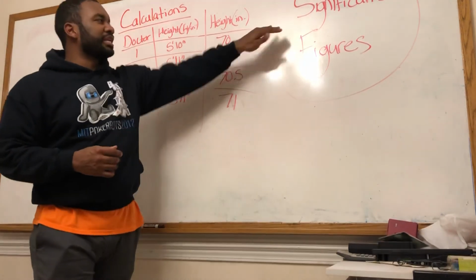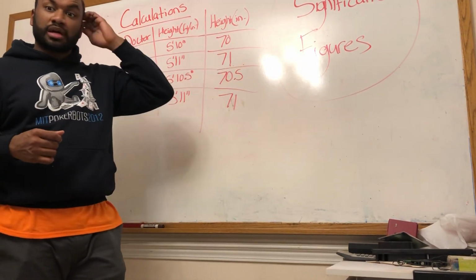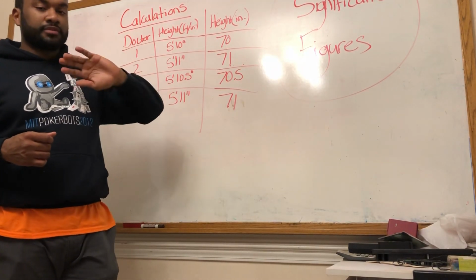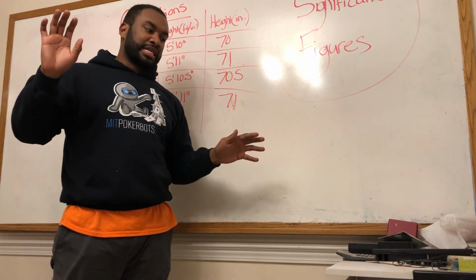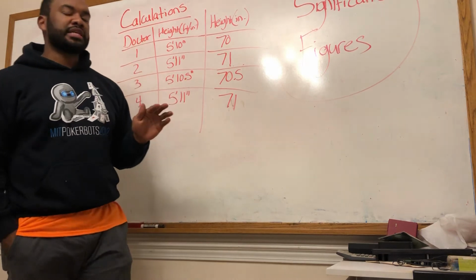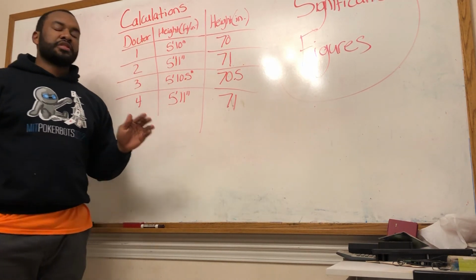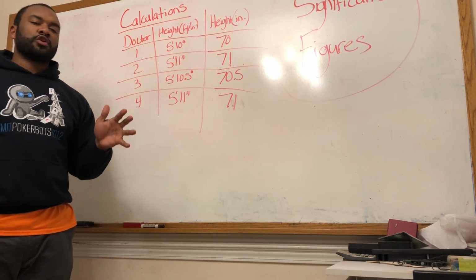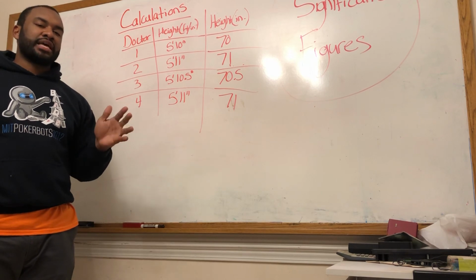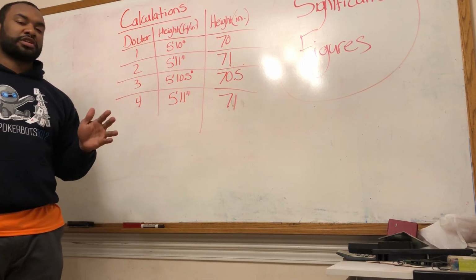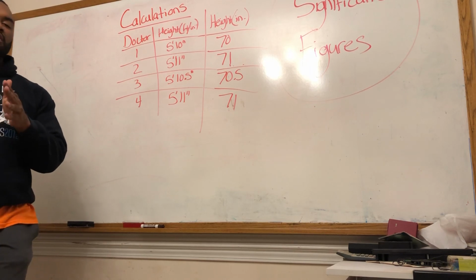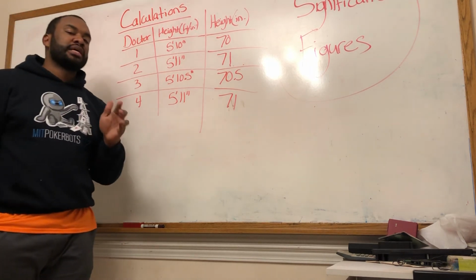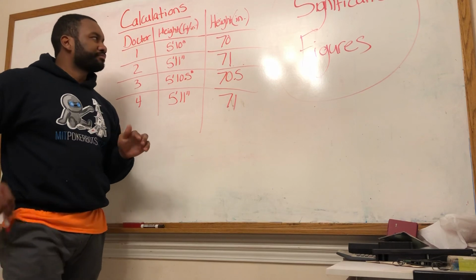So the word significant trips a lot of people up. But a significant figure is basically the figures that are important, or the figures that are significant in a measurement or a calculation. And that gives us information on how accurate or precise we actually are when we make the measurement.